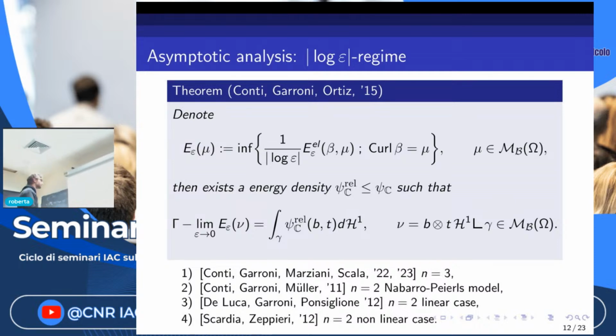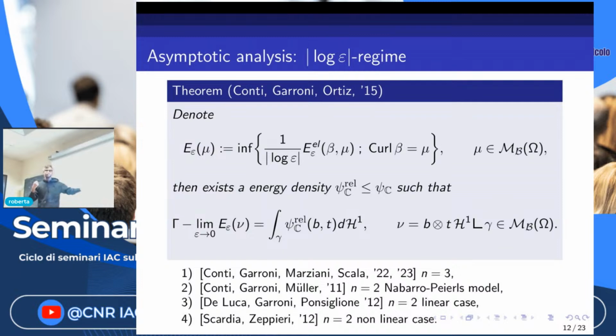And so the precise statement is this one, which is a formalization of what I've just said. But let's pass over it again. We're considering the energies we have been dealing with so far, which are these ones, and we optimize: take a dislocation mu, optimize in beta.